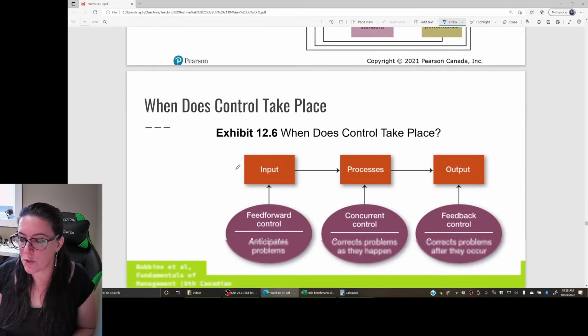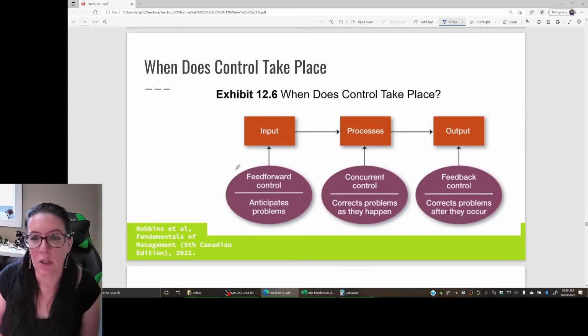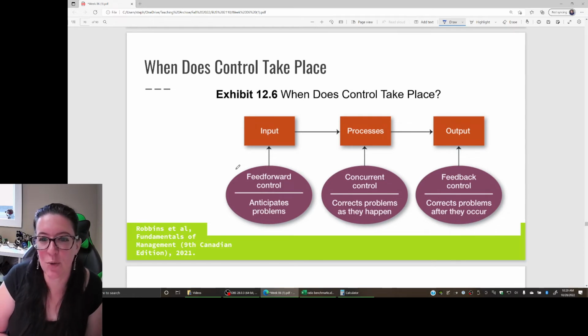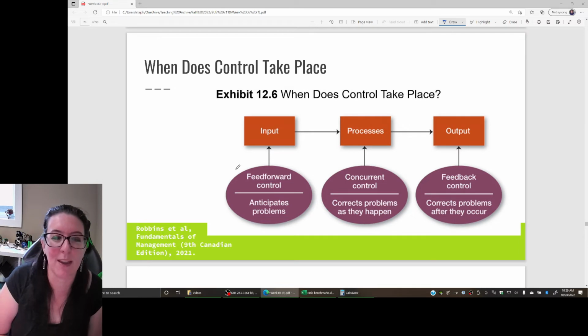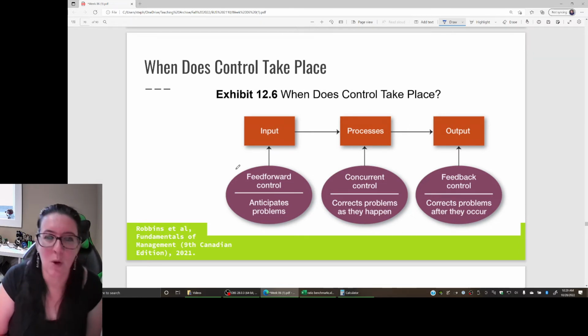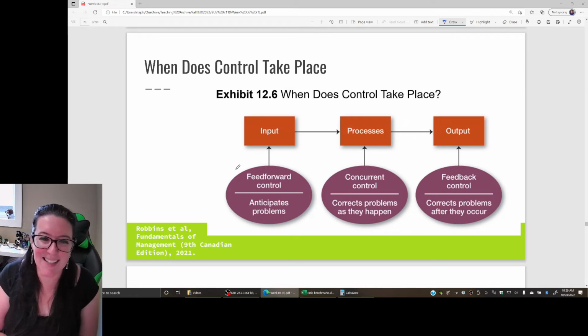When it comes to control, you can fix the issues in terms of the input, so we can anticipate the problems before they happen and deal with them early on. We can correct the problems as they are happening during the process.